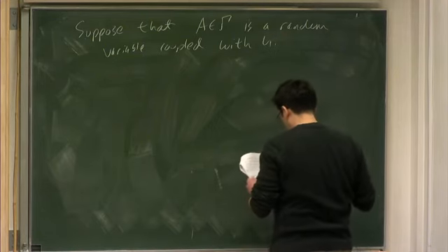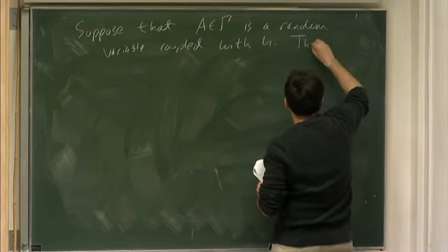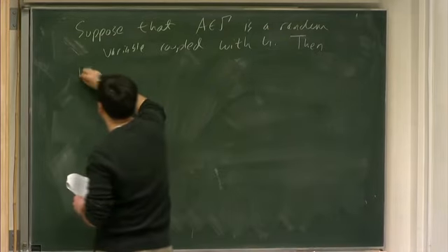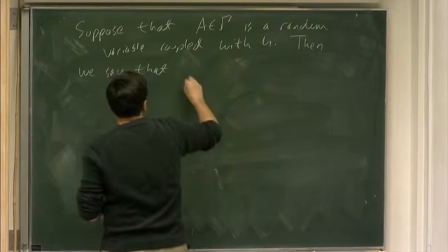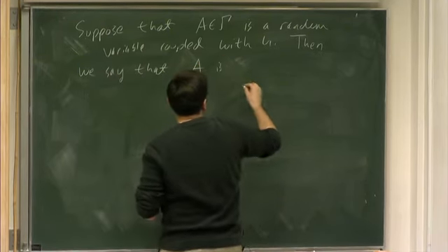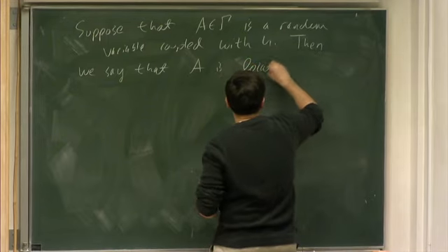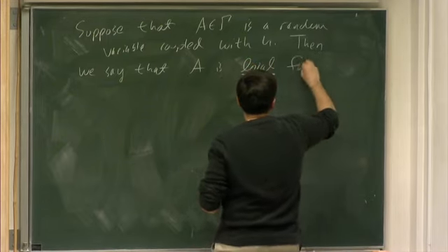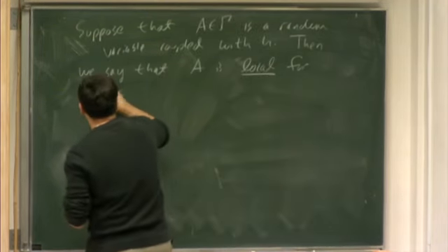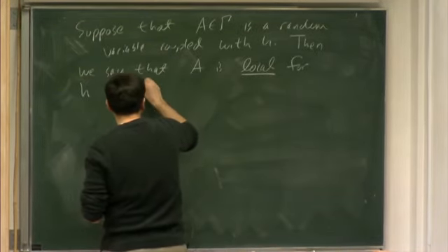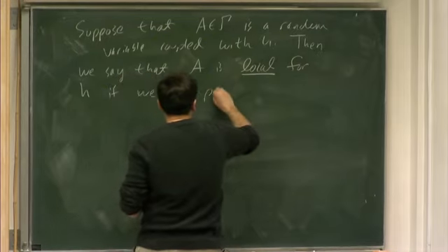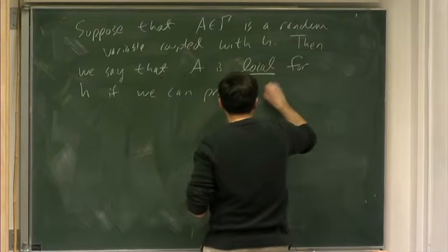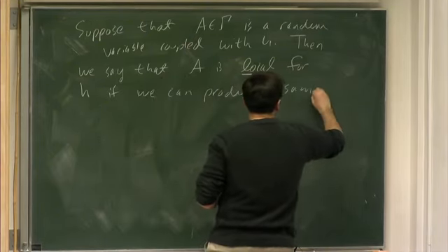Then we say that this A is local for H if it's true that we can produce a sample of H using the following steps.